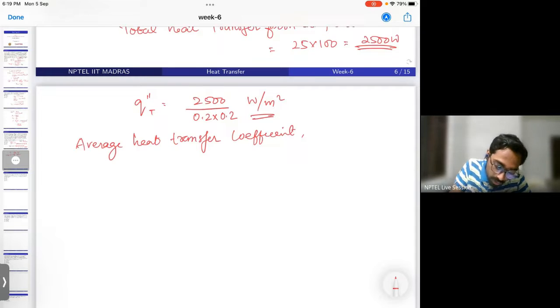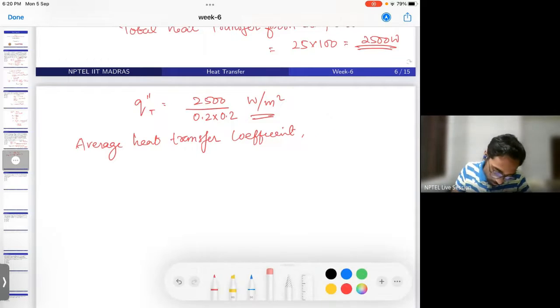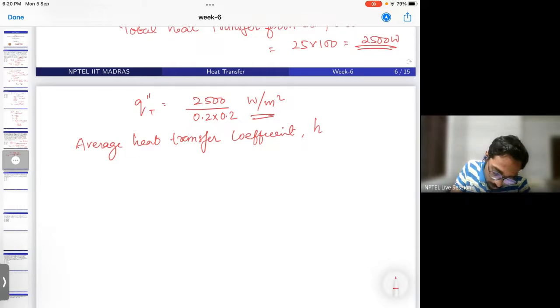So what is the basic definition for average heat transfer coefficient over a length L? For any distance x, h bar x, that is the average heat transfer coefficient, is 1 by x integral 0 to x hx dx, right?